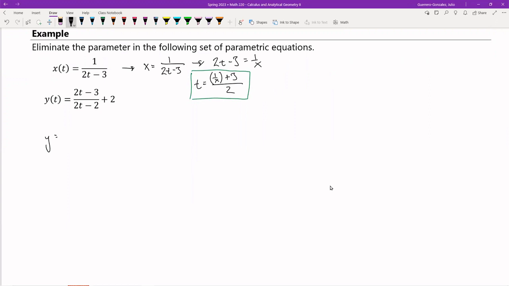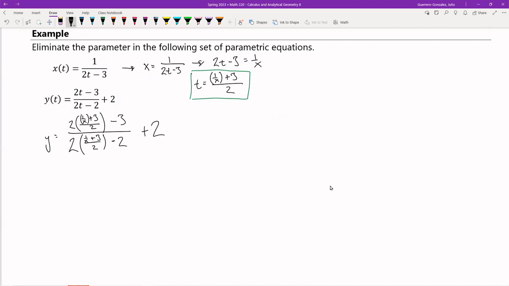Now t is this, right? So it's going to be 2 times (1 over x plus 3 over 2) minus 3, all over 2 times (1 over x plus 3 over 2) minus 2, plus 2. Okay, and we're off to the races at this point.